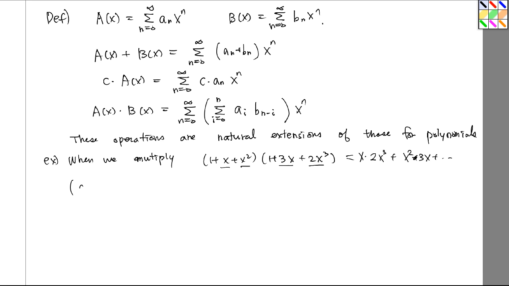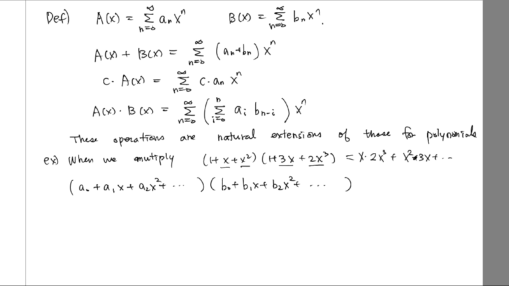So for power series generating functions, when we multiply two generating functions, we take one term here and another term here, and then we multiply them. We can actually see this by writing it as follows.